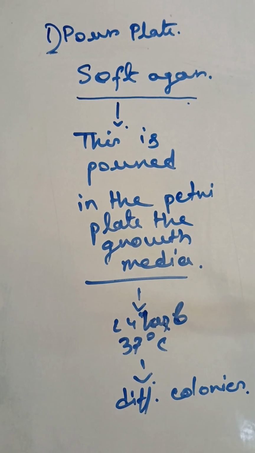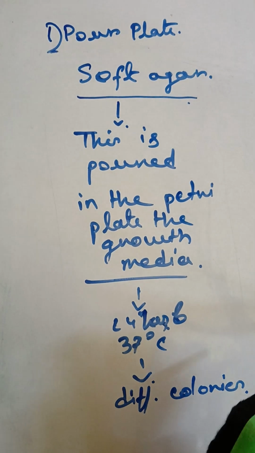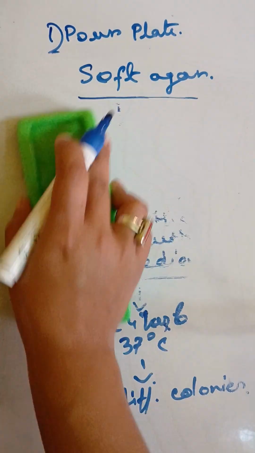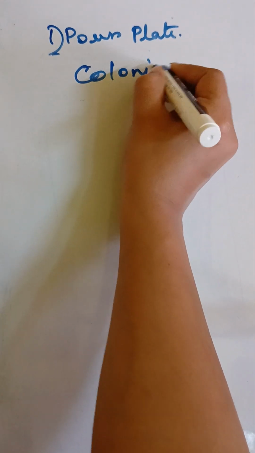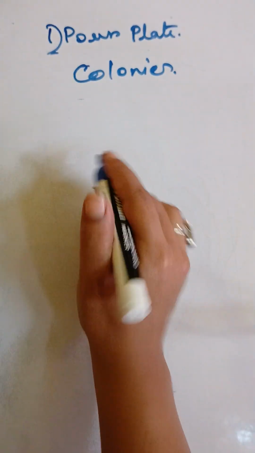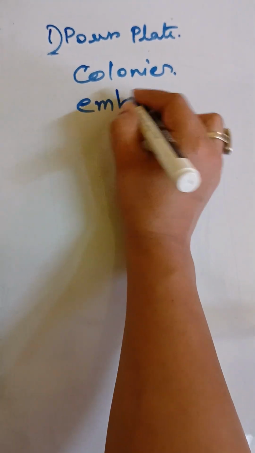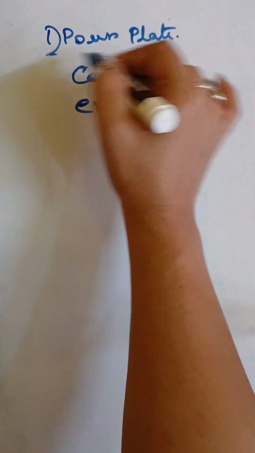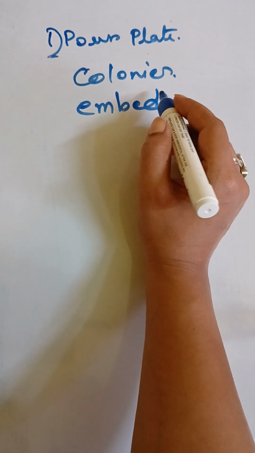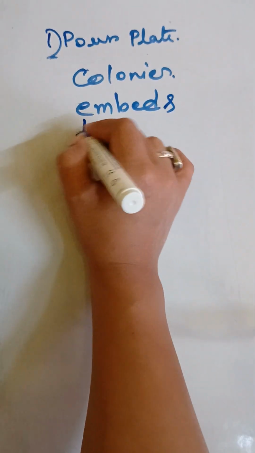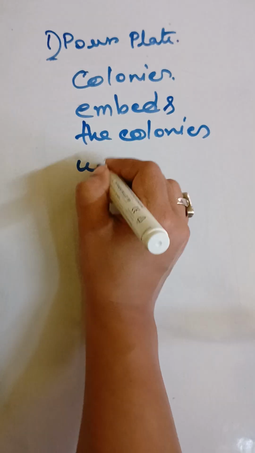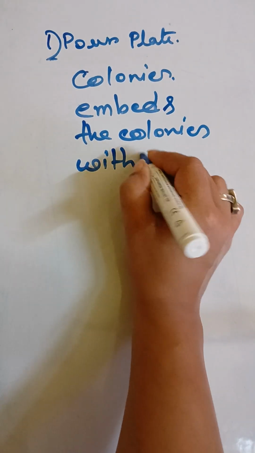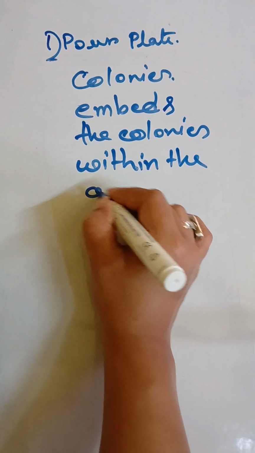We will see different colonies in the agar plate, but for the pour plate method it is very important that the colonies are embedded within the agar media.